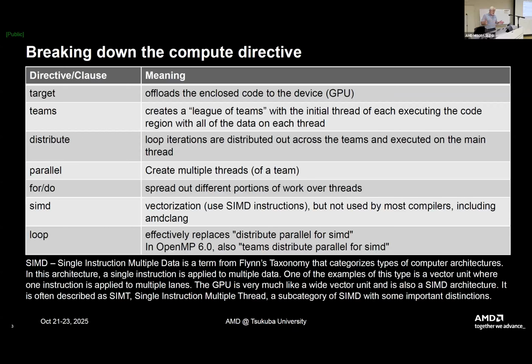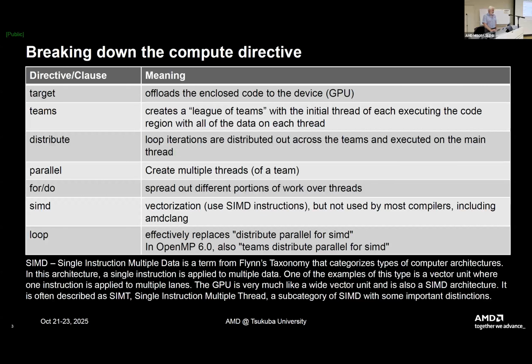Parallel, it's going to create multiple threads. And then for do, it's going to spread out the work across those threads. So parallel just creates those multiple threads. The do is what spreads it out across the threads that are created.